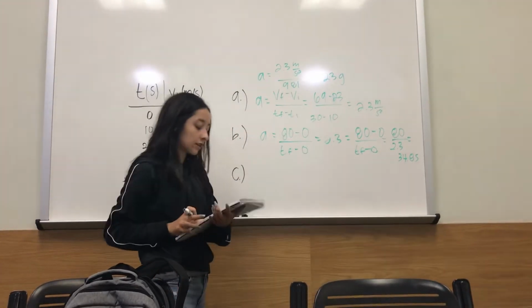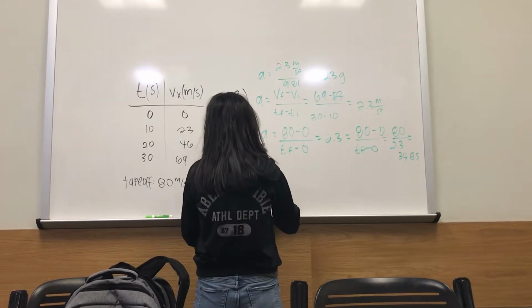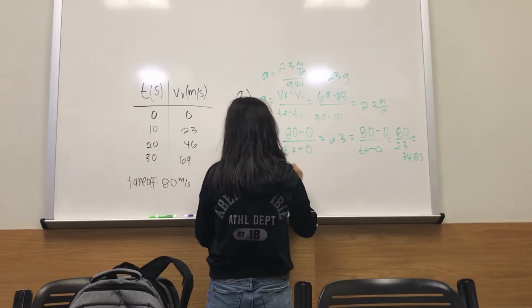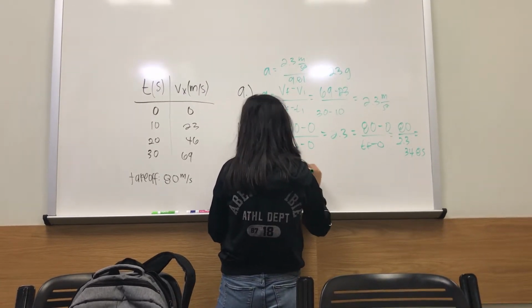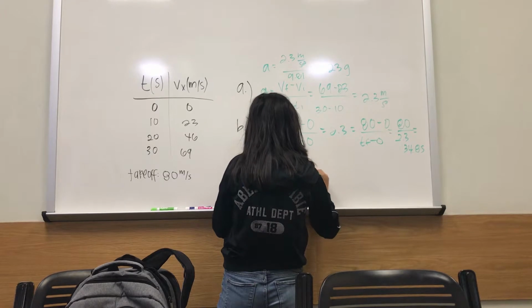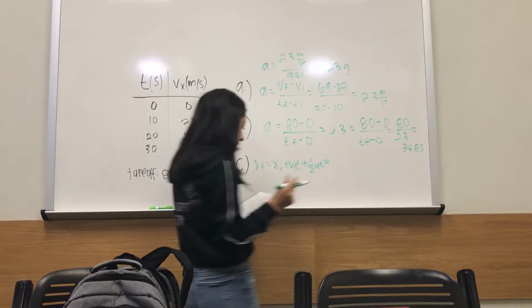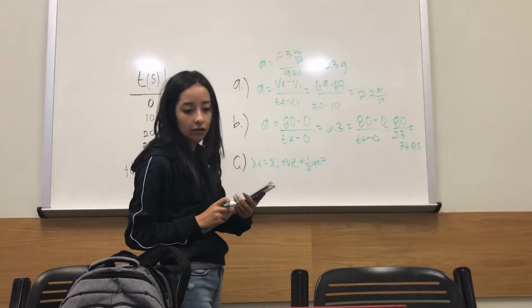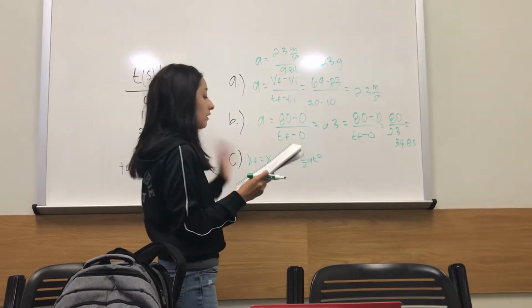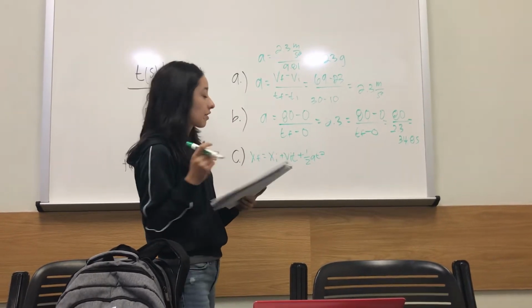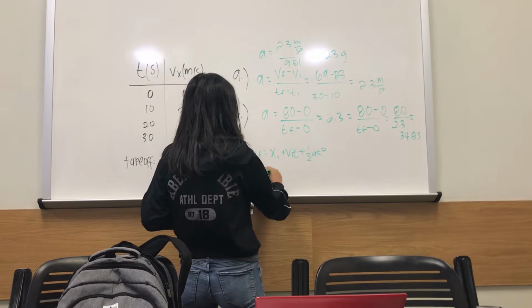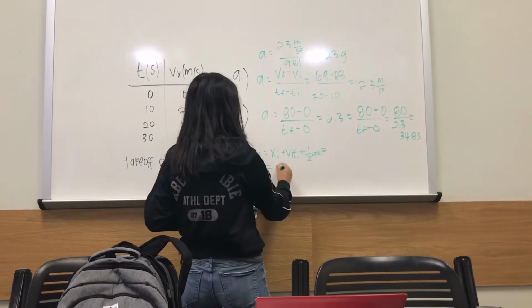So we're going to be using this equation to find our length. It gives us our initial x, which is 0.